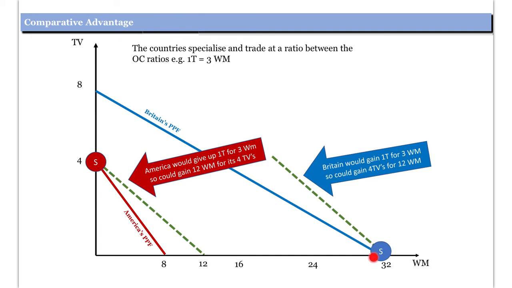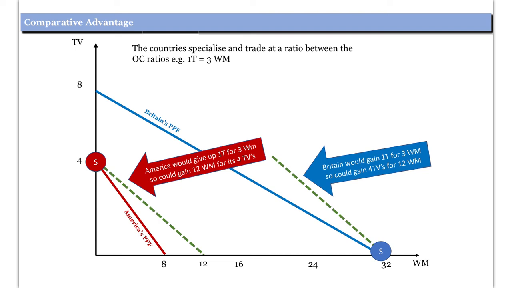And you'll show that Britain here would also benefit because they can consume on this dotted line, which is beyond their production possibility. So the argument is, without trade, you can only consume what you produce. In other words, your PPF is the same as your consumption possibility frontier or boundary.